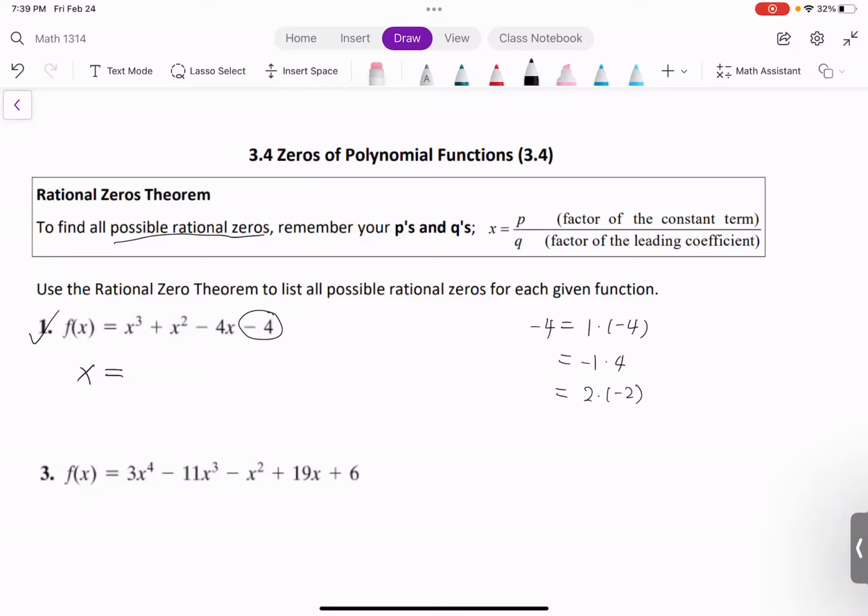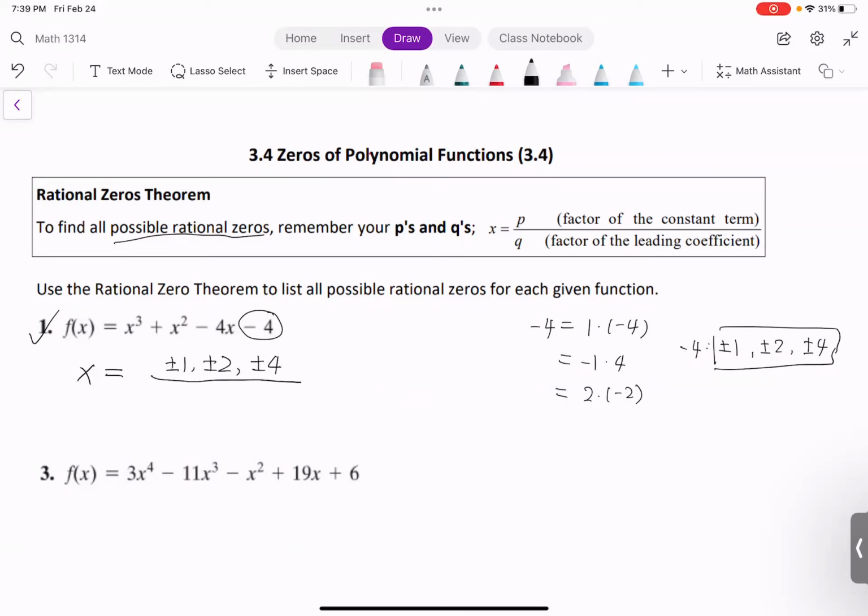So the factors of -4 are +1, -1, +2, -2, +4, -4. That means I can list all the P on the top, the factors of the constant: +1 or -1, +2 or -2, +4 or -4.